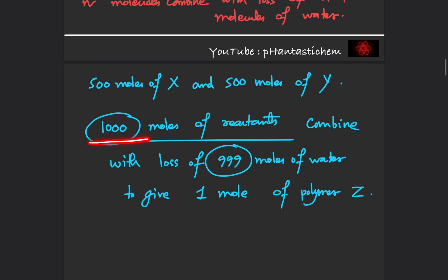So that's why 1000 moles of reactants will combine with 1000 minus 1, that is 999 moles of water.